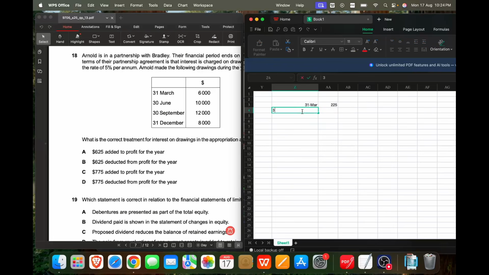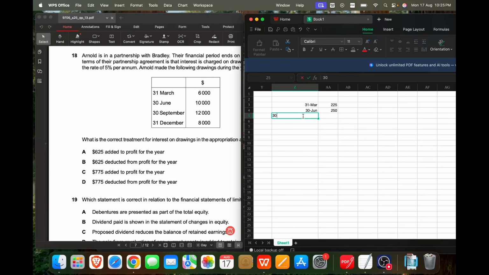And then on 30th June, that means half of the year, 10,000 was the drawings and 5% interest. So 6 months out of 12 months for which partner has to pay interest. Okay, so let's go back and then add the formula, and that is 250.